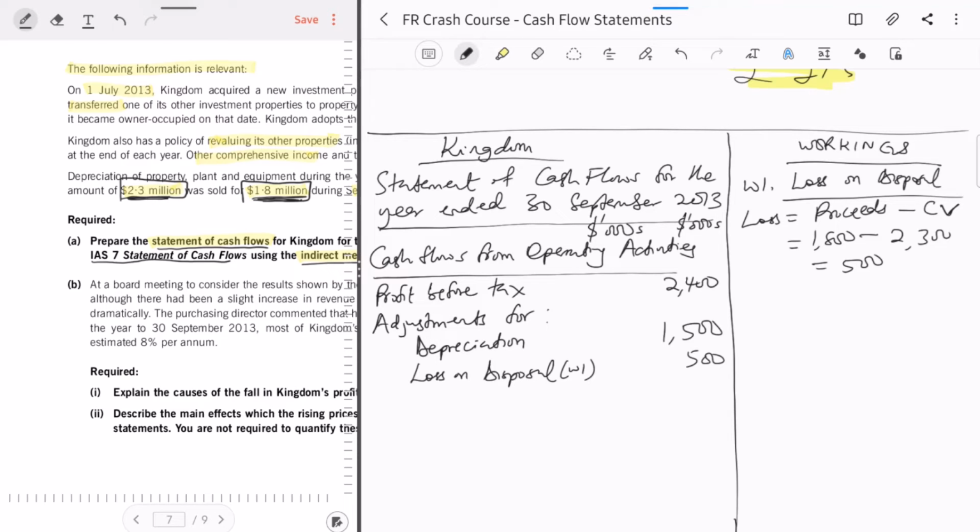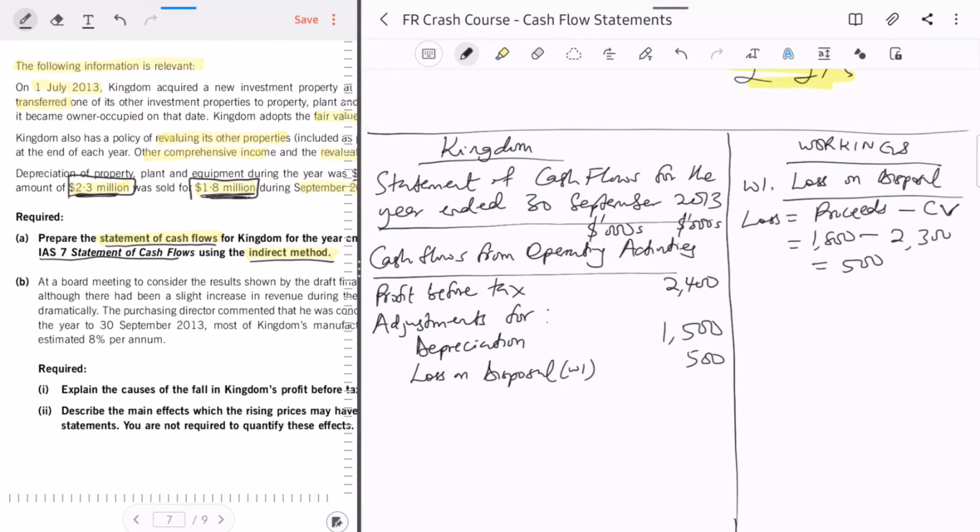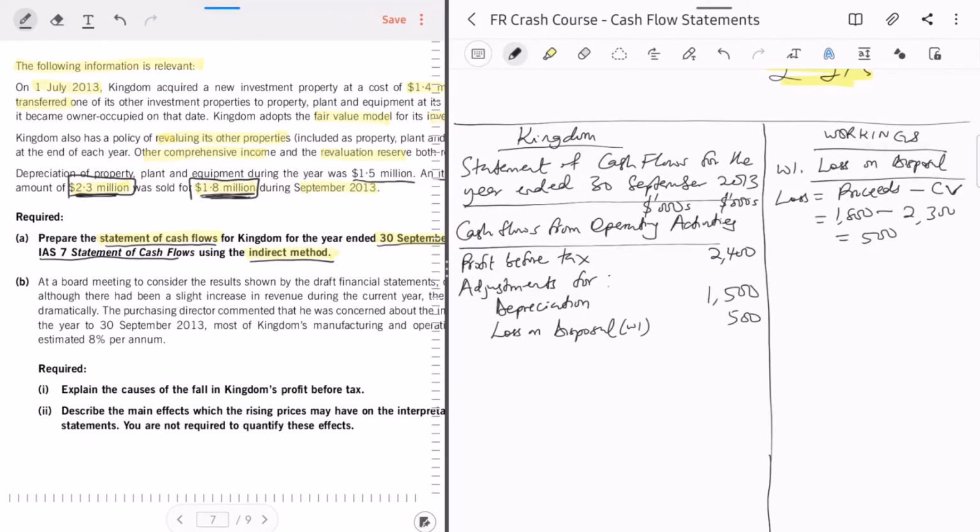Very simple. Now that you have this figure, let's even look through the question, and let me show you why cash flow is very dynamic. Whilst we are still here, I found information on proceeds, this figure here, proceeds of 1.8. And I told you that one of the purposes of the investing activities section is to receive proceeds on the sale of non-current assets.